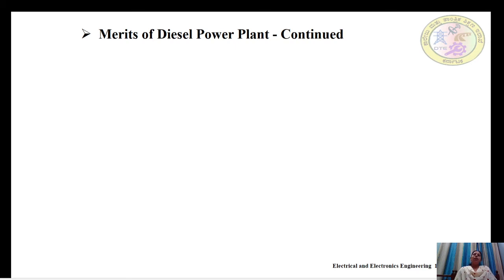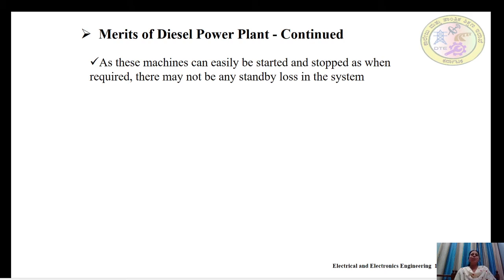Continuing with the merits of diesel power plant, as these machines can be started and stopped as and when required, there may not be any standby losses in the system.